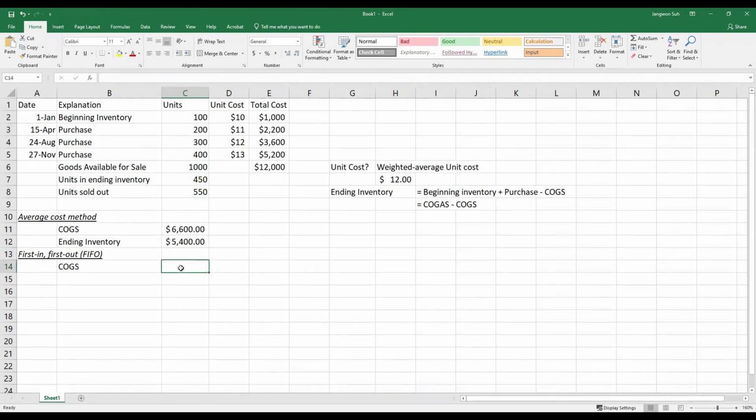What I'm saying is we need to use all of the first layer, but it's not enough. We will use the second layer, 200 times 11, right? Are they enough? 100 and 200, which is 300. Is 300 enough to explain 550? No, we need more. How many more? 250 more. They come from the next first, which is this layer, 12.